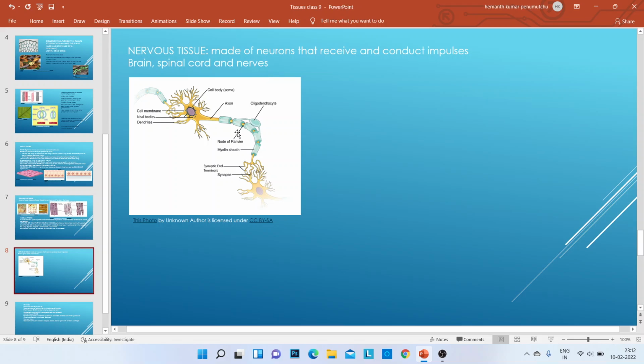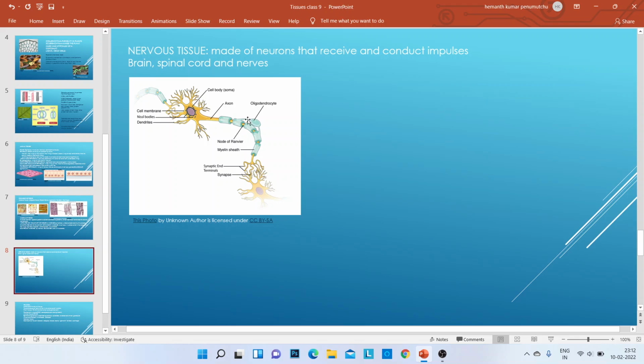See here, this is an axon, and this is the cell membrane, and these hair-like structures are dendrites, and this cell body has one nucleus, and this is the soma, and this is the myelin sheath. In between the myelin sheath we can see the nodes.